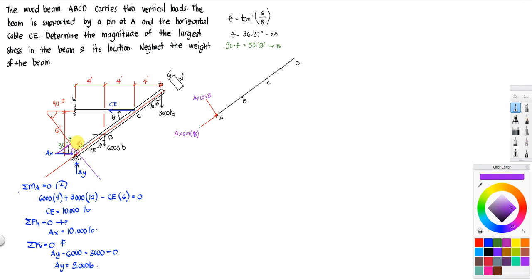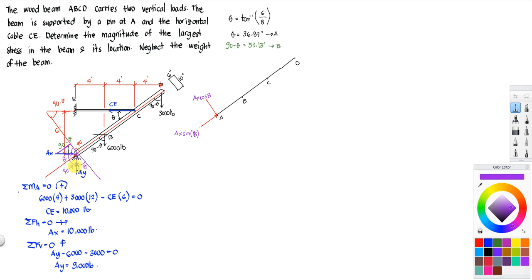If this is 90 minus theta, so this is also your theta. Okay? So, this is now 90 minus theta. And this is your theta. Okay. Nagigets nyo ba? Kasi ito is 90 din kasi. Ayan, they are 90 degrees, diba? So, if this is 90 minus theta, this is theta.